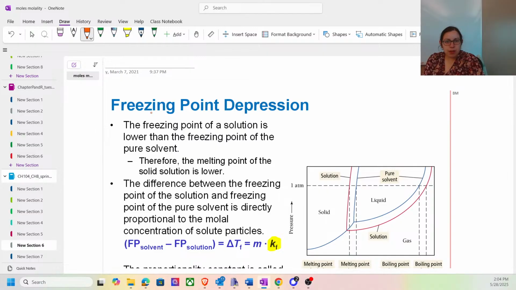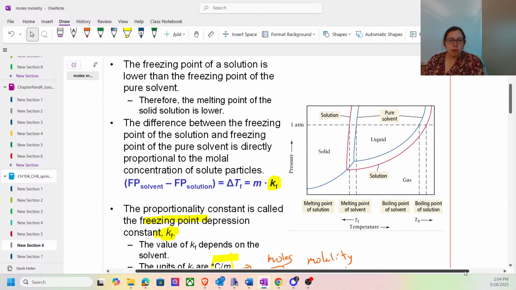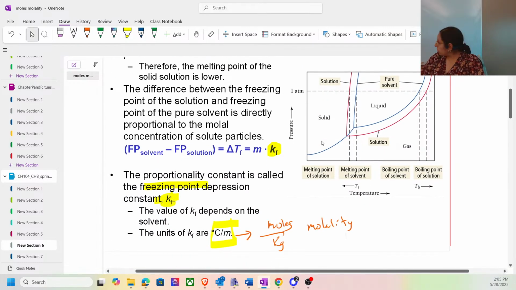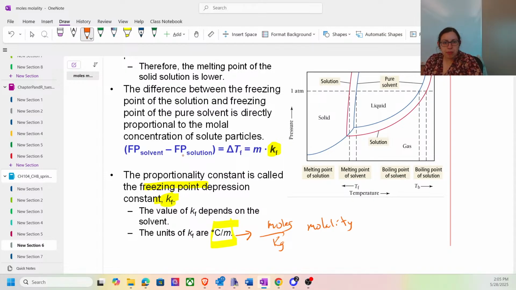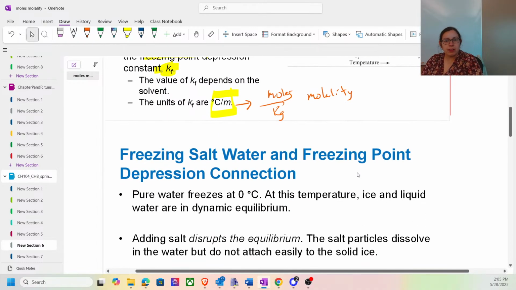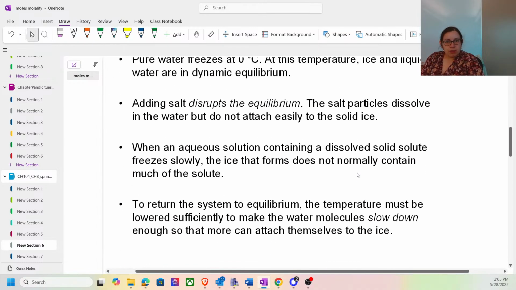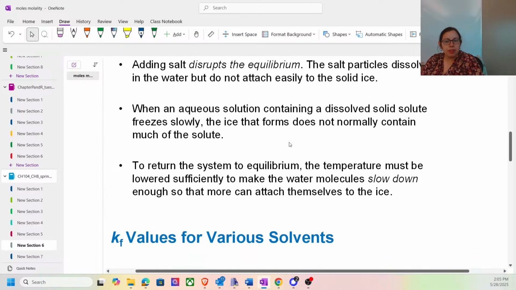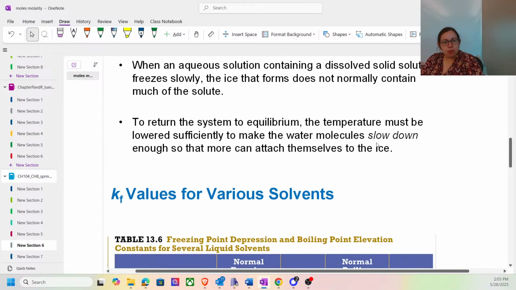That's where you get the phrase freezing point depression. This is why they salt the roads. Freezing point depression lowers the freezing point of water. It's at 0, you salt the roads, and then it's lower than that. And we can now quantify the temperature difference based off of this Kf. So again, salt disrupts the equilibrium, and so you have to slow it down more.